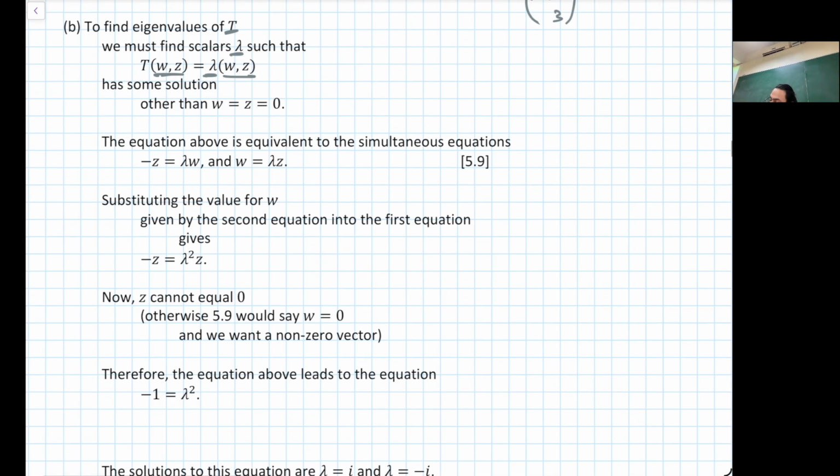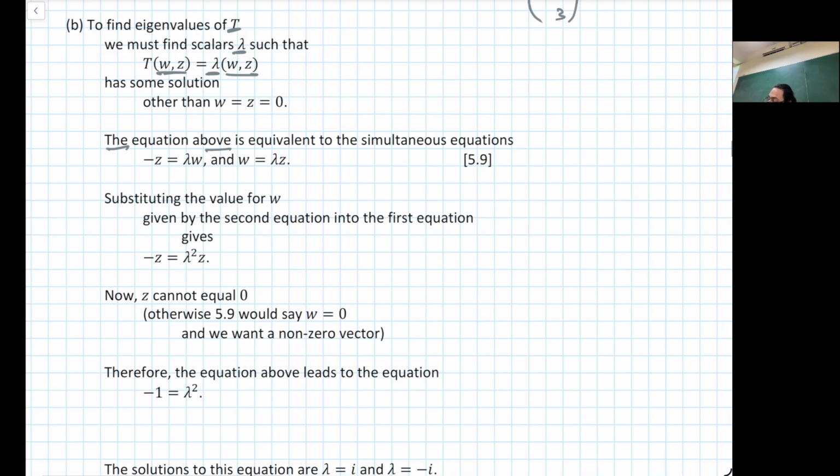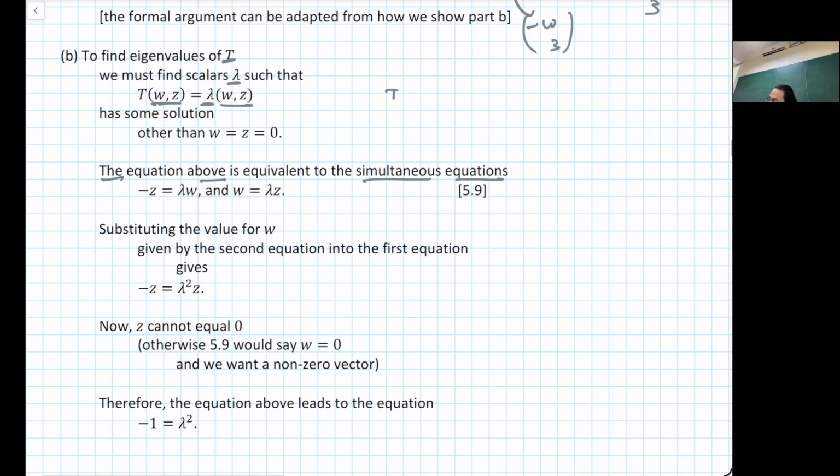So the equation above is equivalent to simultaneous equations. We can just expand it. T(w, z) was giving us (minus z, w), that is the transformation, correct? And we want this to be equal to lambda times (w, z).